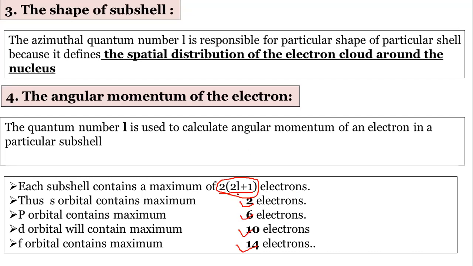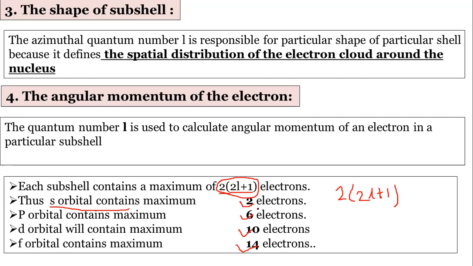So I will explain with one example, for the s orbital how these two electrons will come. 2 into bracket 2L plus 1.